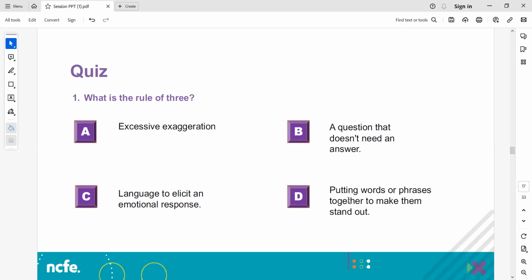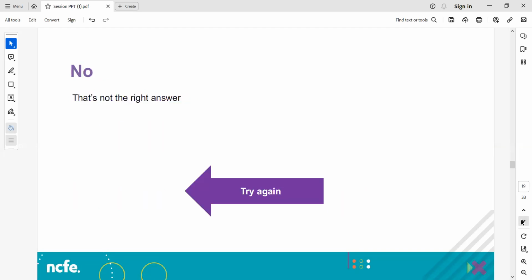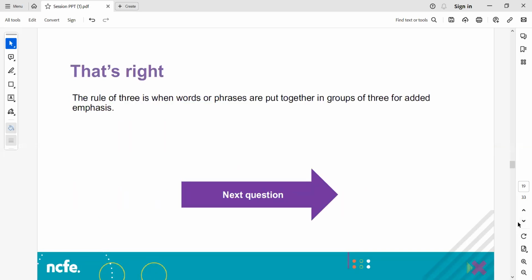So it's not expressed in the best way actually here, but it's actually D. Putting words. So yeah, good. So when we look at the rule of 3, it's putting those phrases together to make them stand out, to add emphasis.